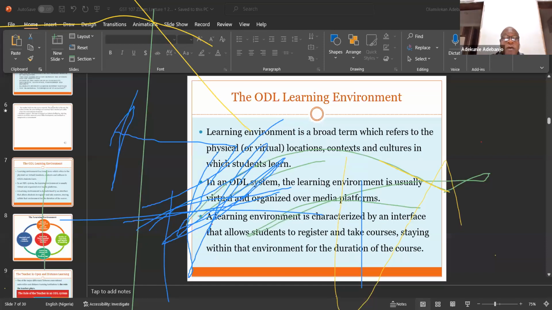And one important thing about open and distance learning is that you must be computer literate. You must have computer skills, and you must be technologically inclined. Without that, you are not likely to enjoy this open and distance learning.